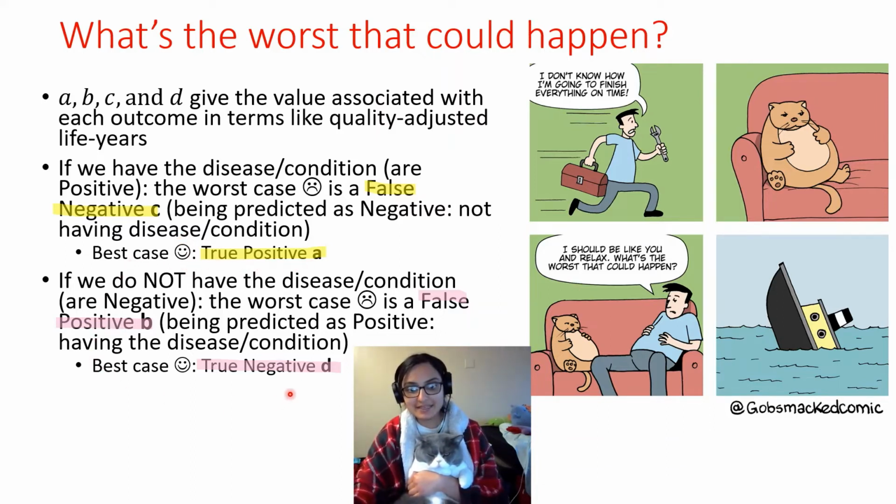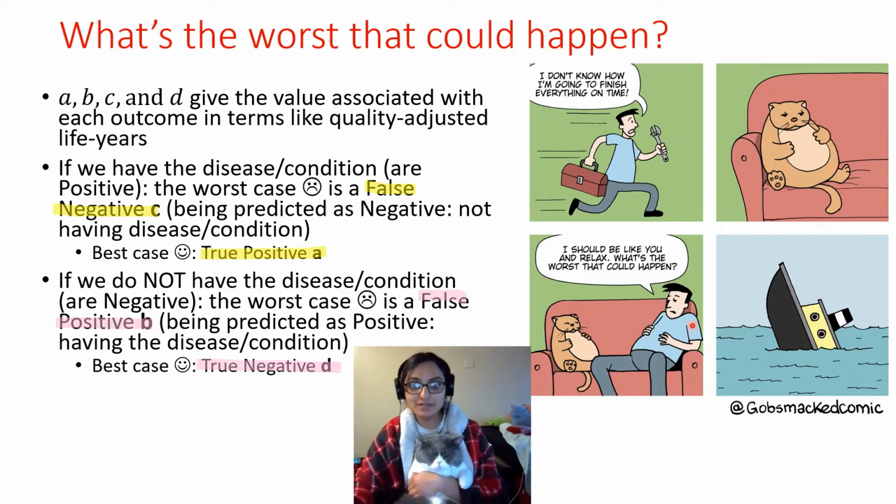And on the other hand, if you actually don't have the disease or condition, you're negative, then the worst that could happen is that you're wrongly being predicted as positive, as having the disease or condition. So the worst case here is a false positive, where the predictive model and clinicians are saying, oh, you have the disease or condition, and you're going for unnecessary treatment.